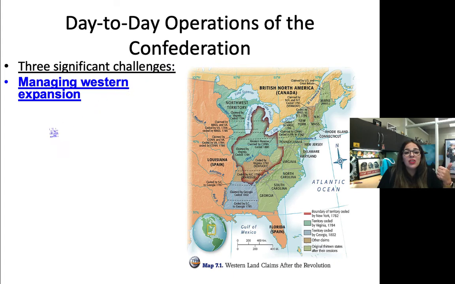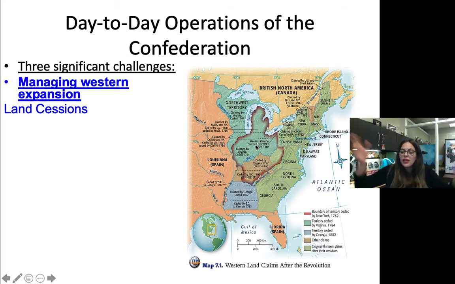The first one is managing westward expansion. So what am I talking about here? Remember, you've got all of your 13 colonies, now they are states, your originals. But we got all of this land after the American Revolution, and we have to organize it. In order to organize these into new states, we have to get states like Virginia to give up claims to lands west of their borders.